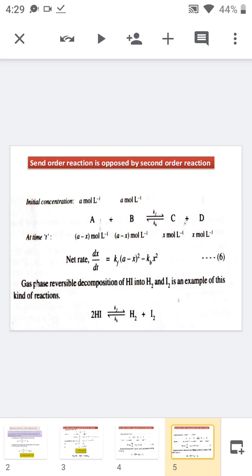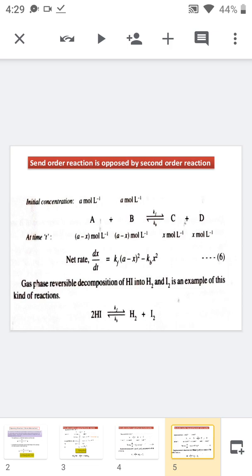dx by dt is equal to Kf into concentration of A into concentration of B. Here both A and B react in the same concentration, so it is represented as A minus X. Initially the concentration of A and B is a.